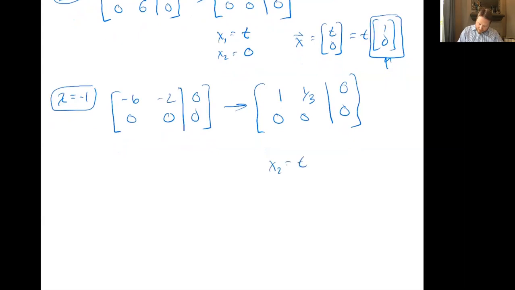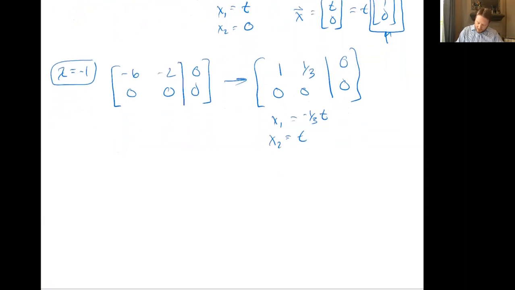x2 this time is free, and x1 is equal to -1/3 t, right? So the very first equation says, right here, x1 plus 1/3 x2 equals 0. So subtract that over, I get x1 equals -1/3 x2, and x2 is, oh, by the way, t. All right, so that means that our eigenvector is going to be -1/3 t and t.